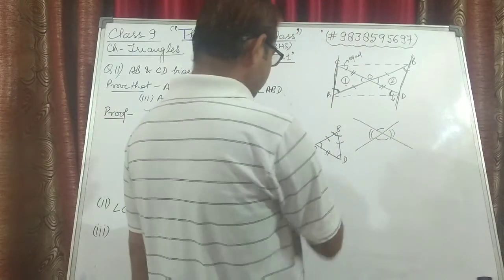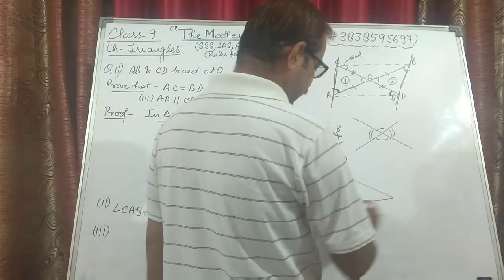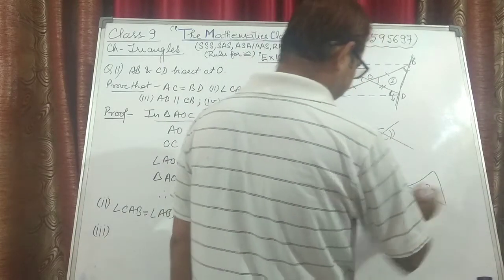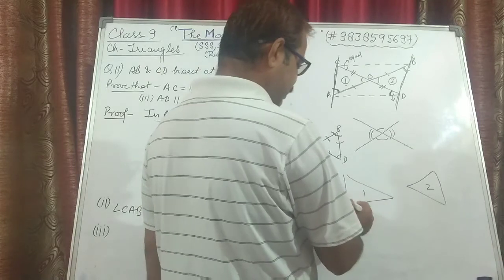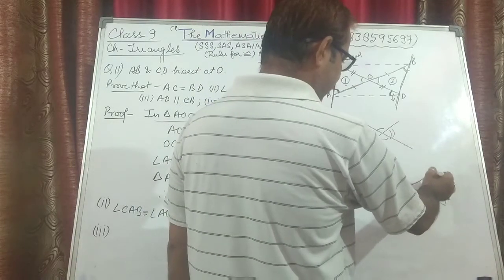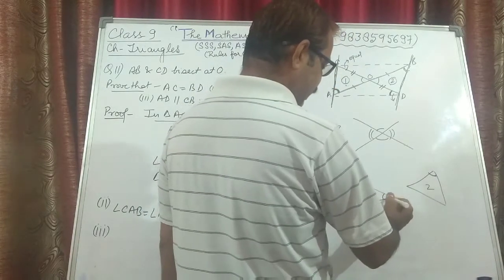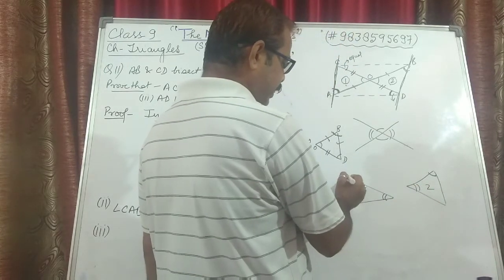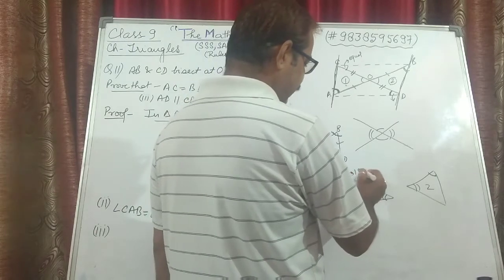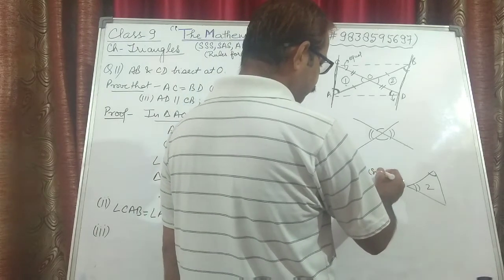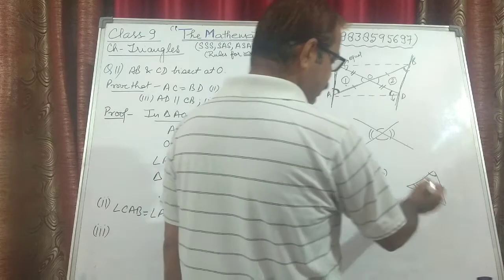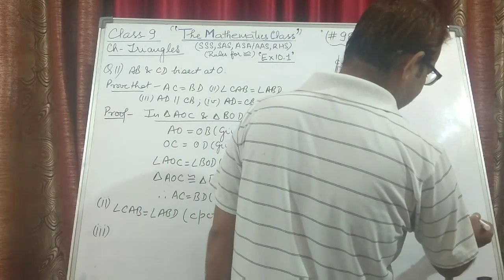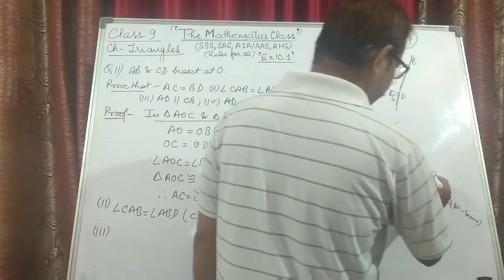Why? Because in this first triangle and second triangle, in the first triangle we have said that this angle and this angle are equal. And we have also said that this angle and this angle are equal. So only one angle is left, that will be 180 minus the sum of these two angles. Similarly, this angle will also be 180 minus the sum of these two angles.